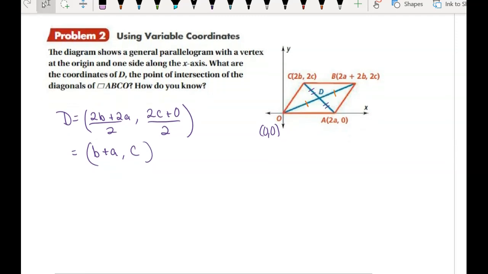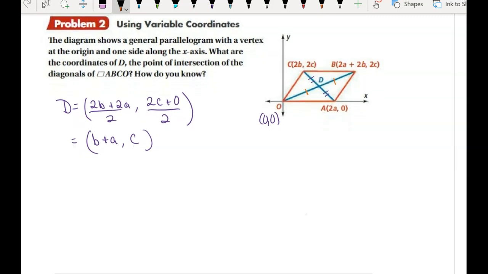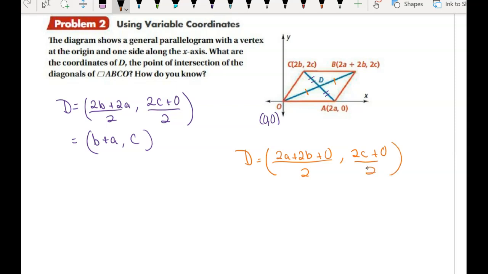Now let's see what would happen if we did it the other way. So we're still finding point D. So this time we're going to use segment OB right here. So we have 2A plus 2B plus 0 divided by 2, and 2C plus 0 divided by 2.